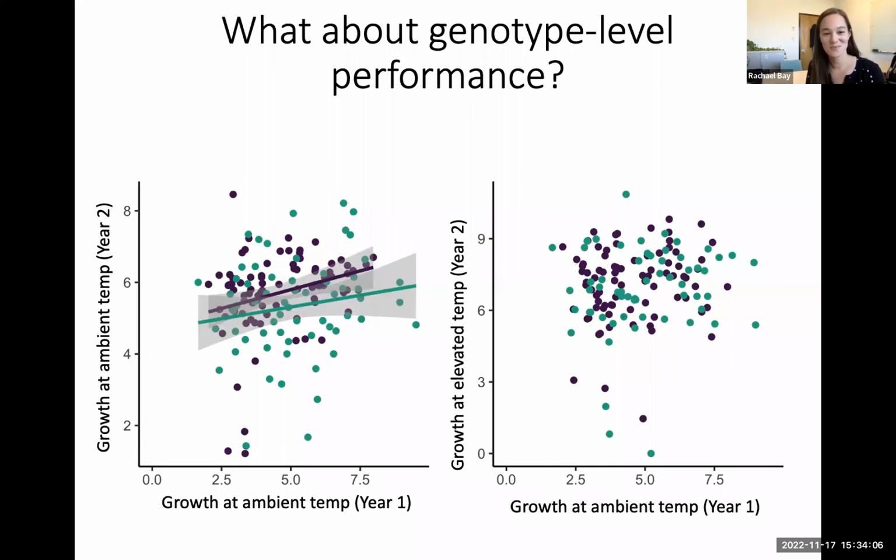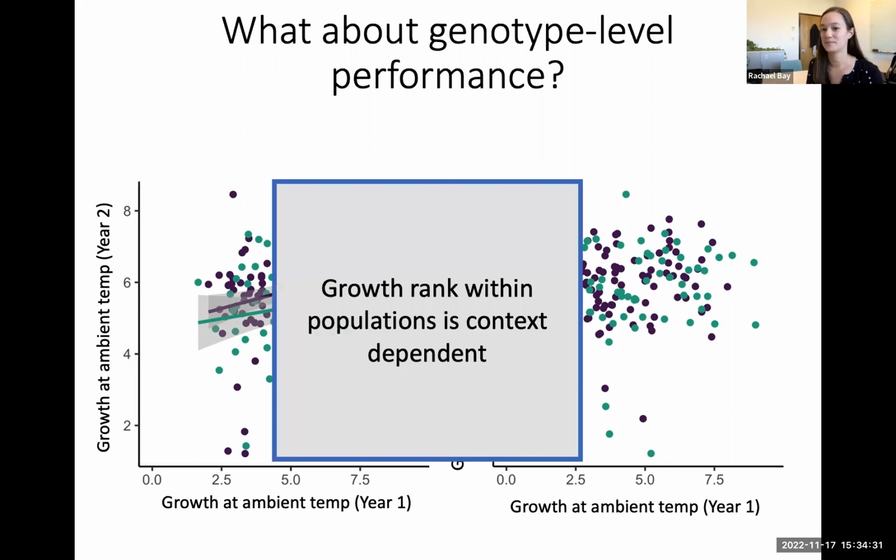When we think about what this might mean in terms of predictability and genetic architecture, potentially there's a different genetic mechanism for growth at elevated temperatures. But certainly if we establish our genotype environment model at ambient temperature, we won't be able to predict performance at elevated temperature. So that makes it a little bit challenging.